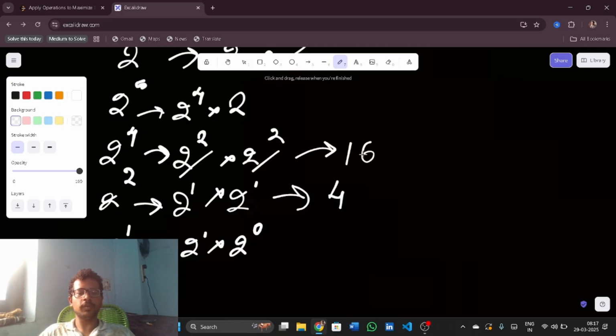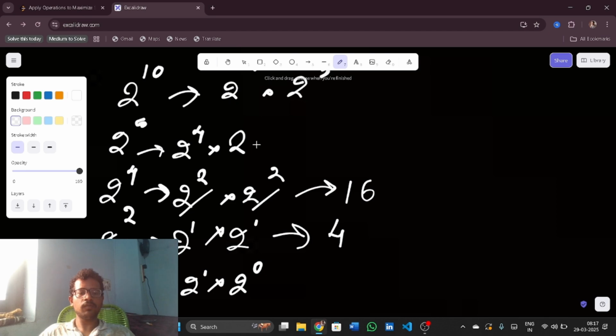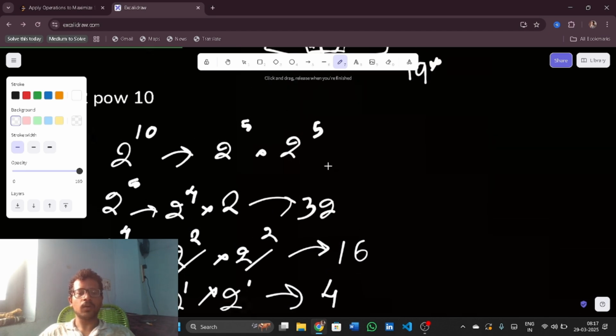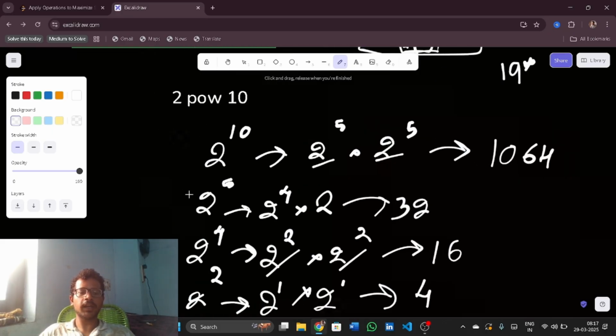So 2 power 4 would be 16, but 2 power 5 would be 32. Now, 2 power 5 into 2 power 5, 32 into 32, would be 1024. So whenever I get this 2 power 10, I would simply do n by 2.